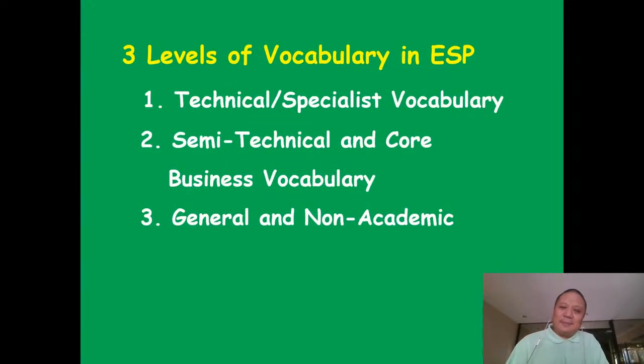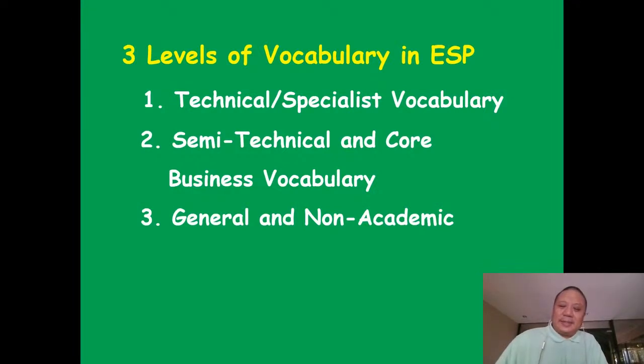When it comes to vocabulary, there are three levels. There's technical or specialist vocabulary, there's semi-technical and core business vocabulary, and there's general and non-academic vocabulary. So, specialist vocabulary, that's very, very important. You need to understand that it has a specific nuance of meaning.